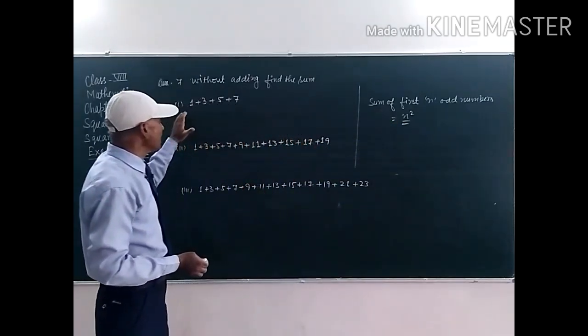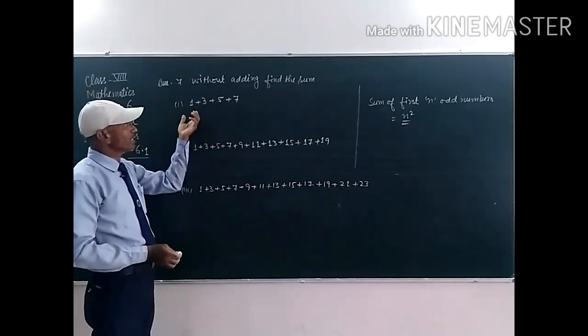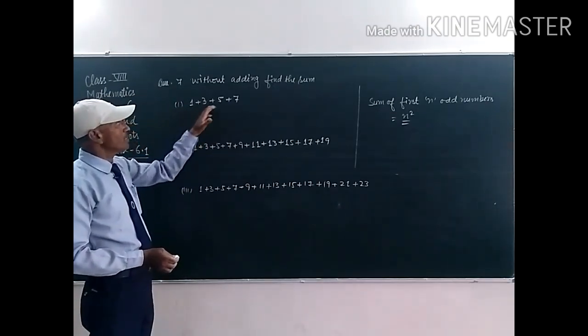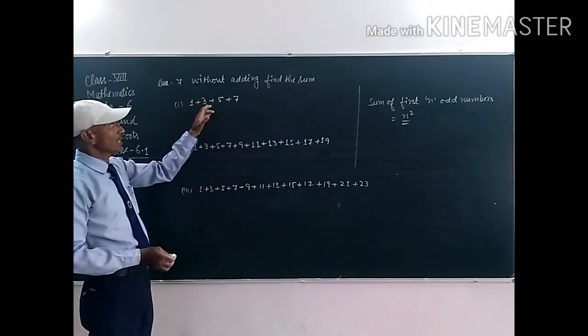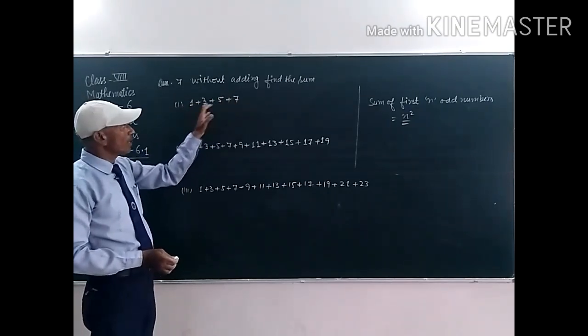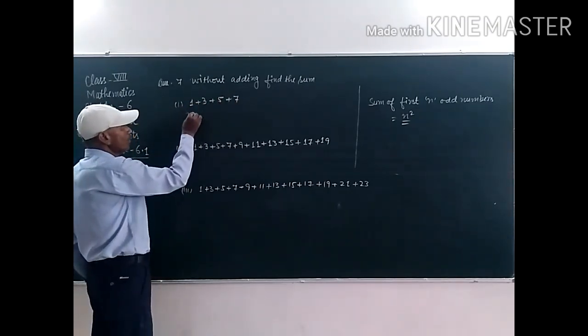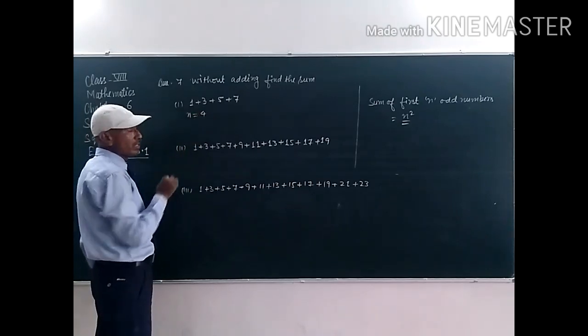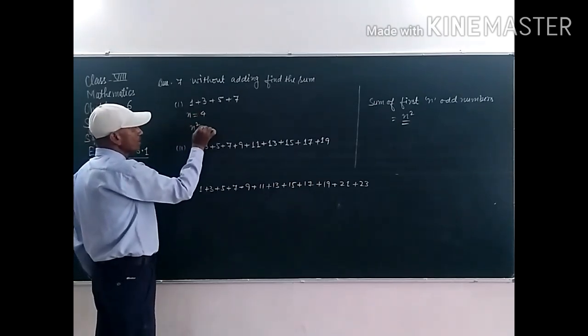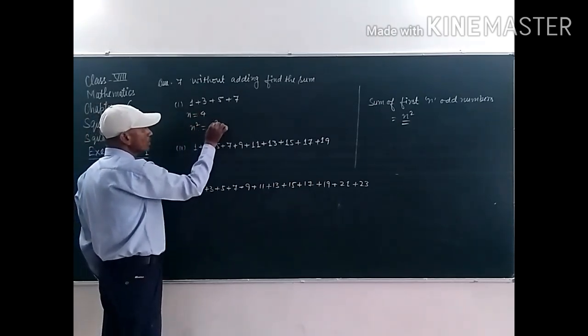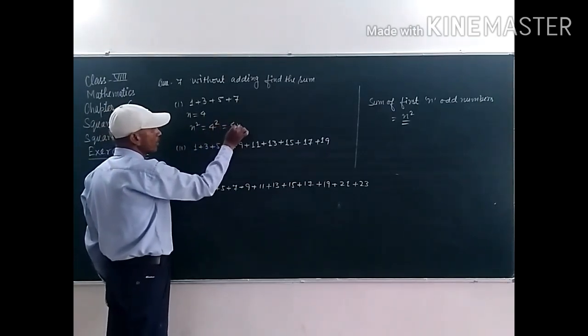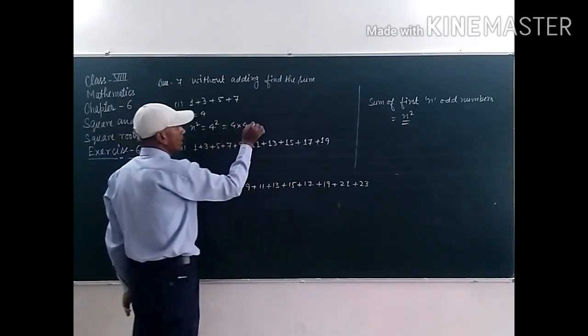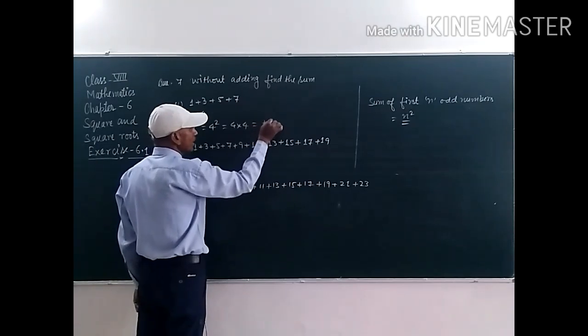So these are the odd numbers, student, and starting from 1 there is no gap. 1, 3, 5, 7. So there are 4 numbers, n is equal to 4. So n square is equal to 4 square is equal to 4 into 4 is equal to 16.